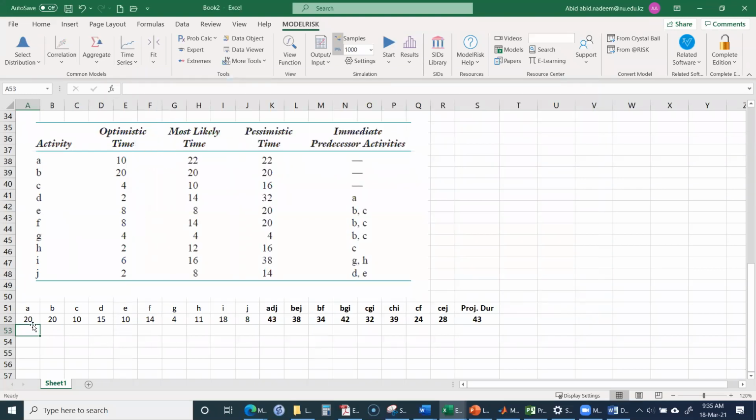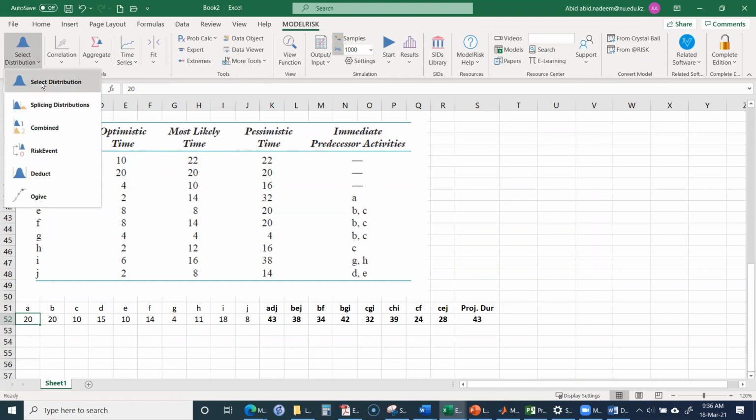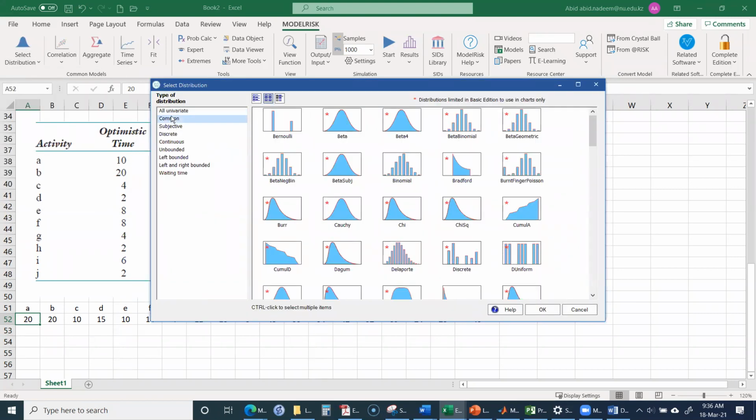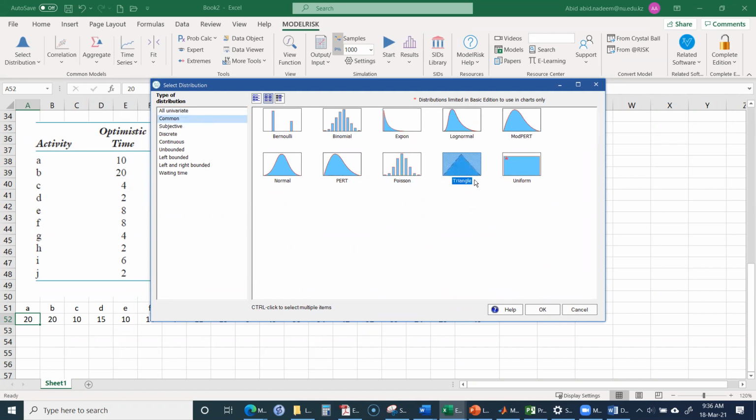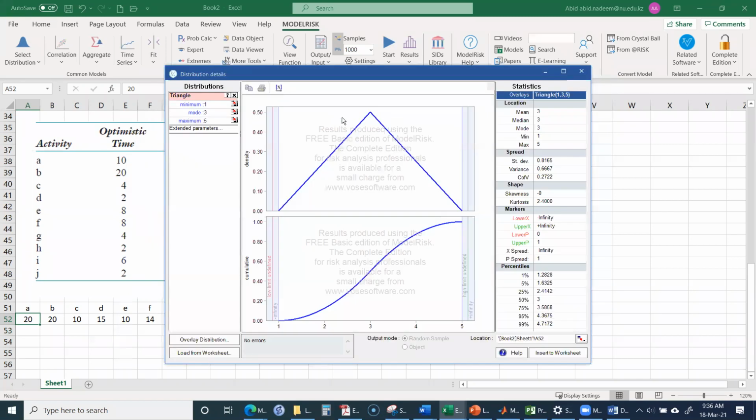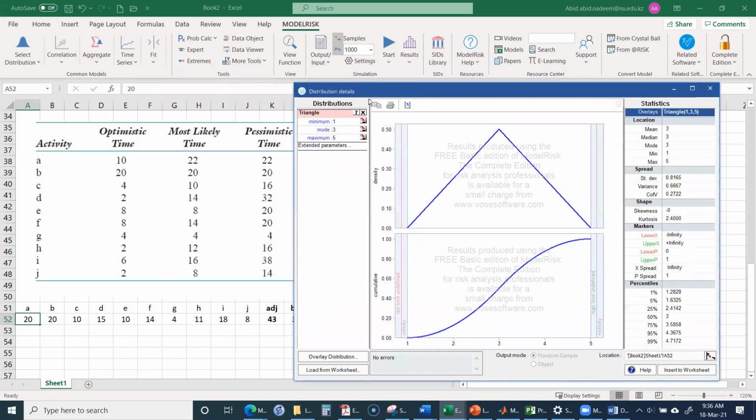I want to give this triangular distribution to activity A first. So first I will select the duration of activity A, then select the distribution, and in common, I have this triangular distribution, and then I click OK. Now I need to provide the parameters. The minimum value is 10.